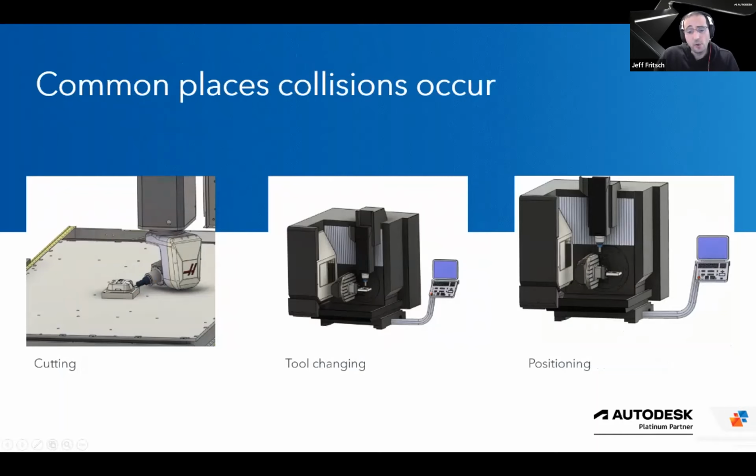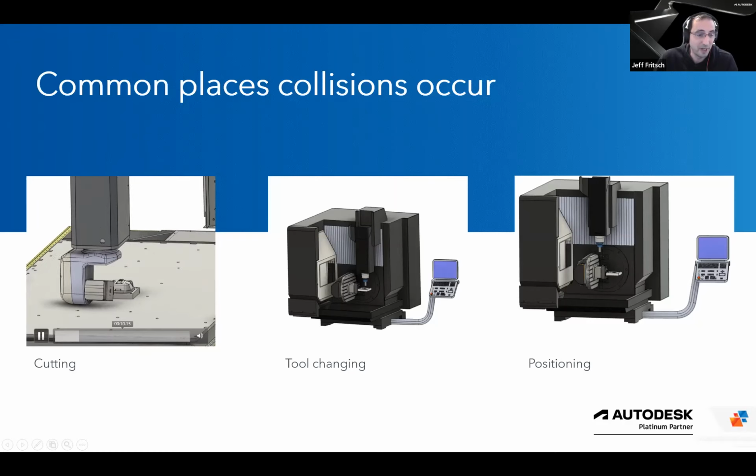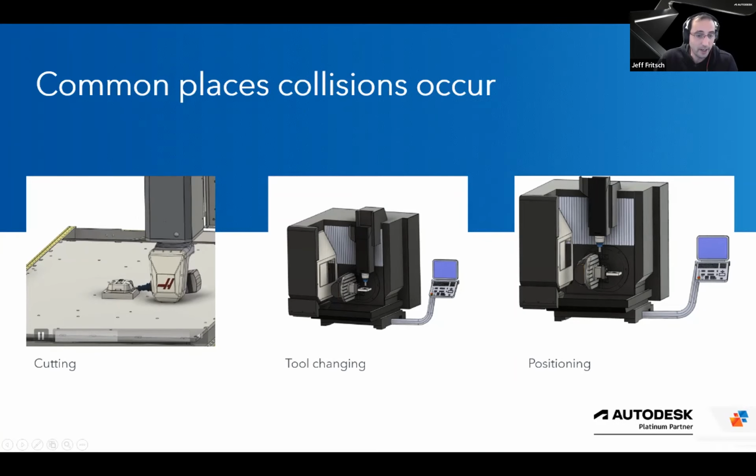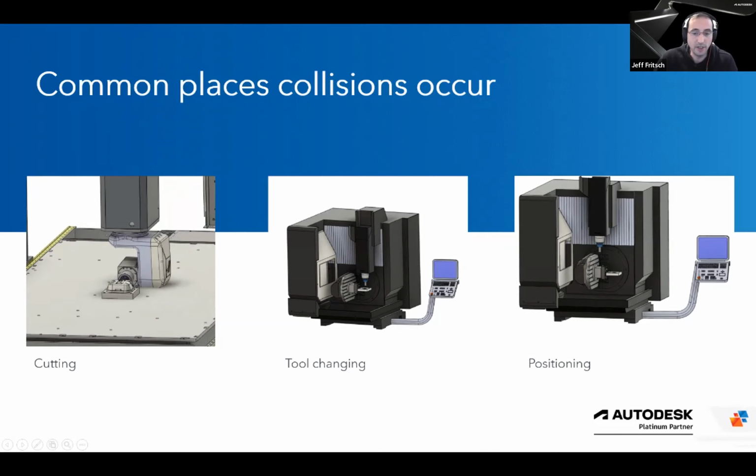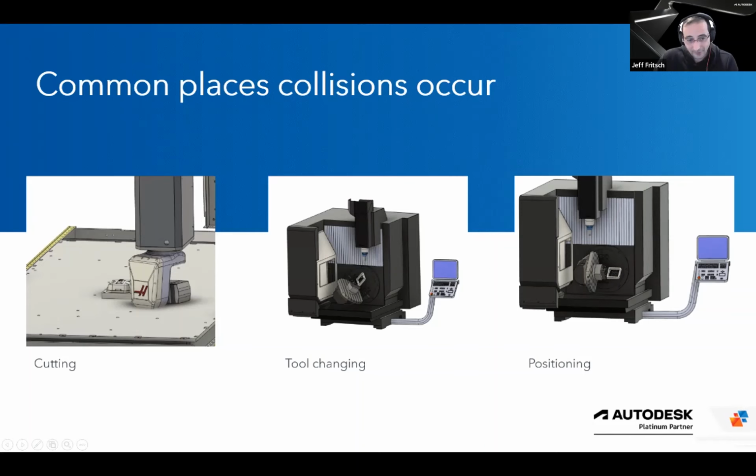So if we look at some of those situations, for example, the machine collisions, again, the CAM systems are providing a certain level of simulation, which of course gives us a rendering of how the motion of the tool relative to the parts will be in the machine environment, but does not necessarily understand or look at how all of those elements can have a detrimental impact on the machine. So as we can see here, for example, the heads going right into the table is of course not going to be beneficial to the machine.